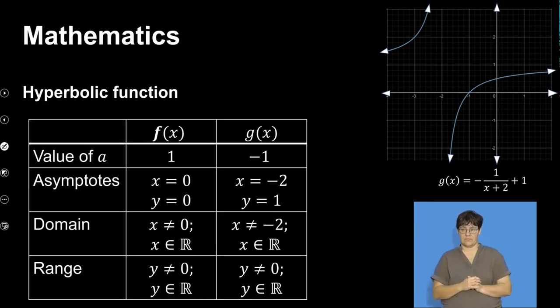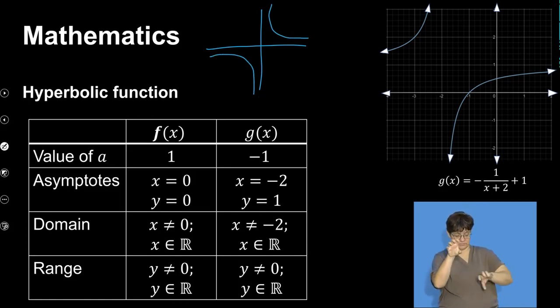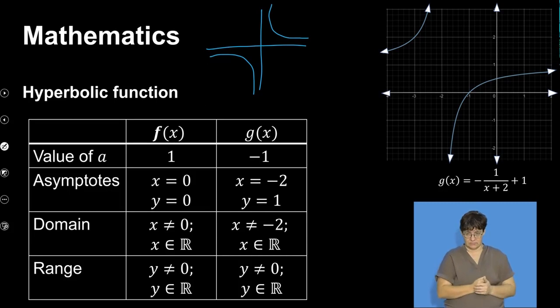Now, just to summarize what we know about this, remember our original equation was f of x is equals to 1 over x. And the graph was in the first quadrant and in the third quadrant. Our asymptotes were the y-axis and the x-axis of the Cartesian plane.